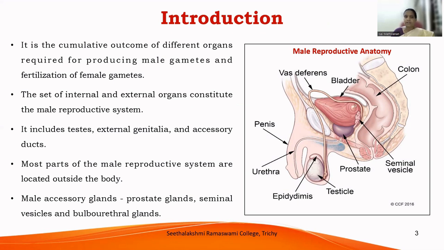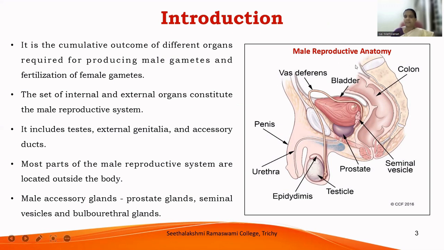Unlike the female reproductive system, most parts of the male reproductive system are located outside the human body. It also contains male accessory glands such as the prostate gland, seminal vesicles, and bulbourethral gland.